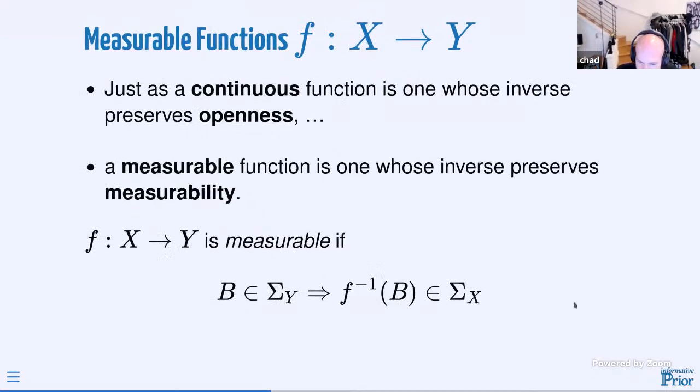My cursor is messing up, there we go. So if we have a measurable subset of Y and we apply the inverse image, then we get a measurable subset of X. I should point out that this assumes that these measurable sets are known a priori. And again, in terms of the implementation, we have not encoded which sets are measurable. This is just taken as implicit as part of a given measure.